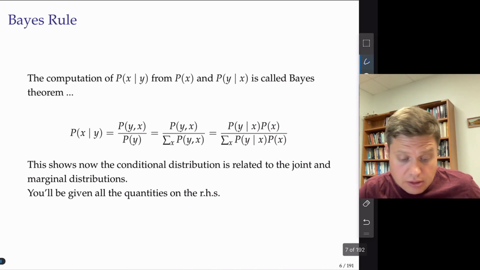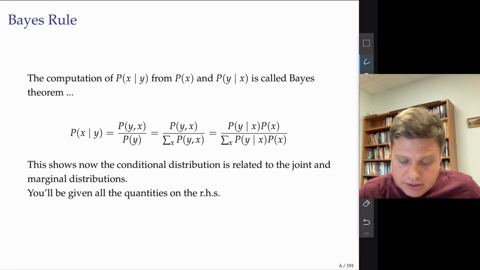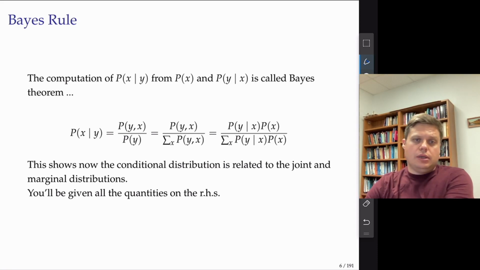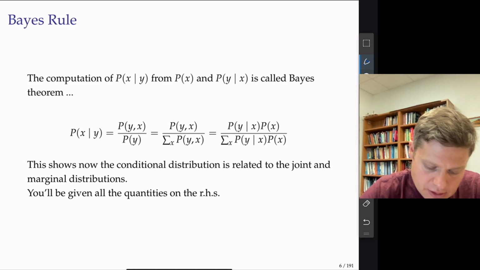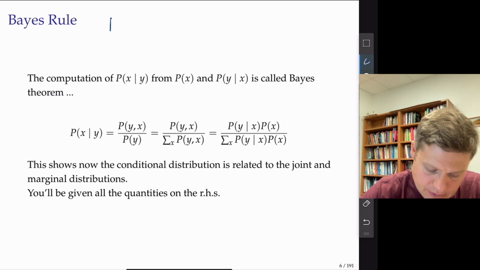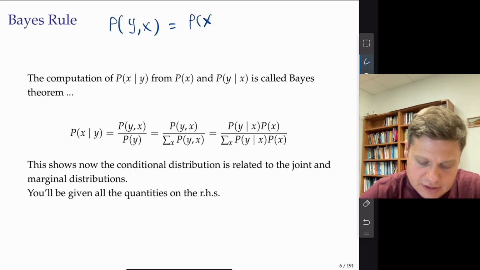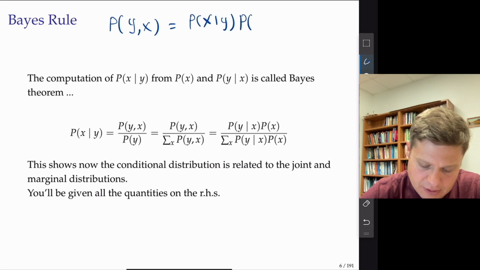And now let's talk about the Bayes rule. The Bayes rule follows from the relationship between conditional and marginal. You remember that p of y, x equals p of x given y times the probability of y.